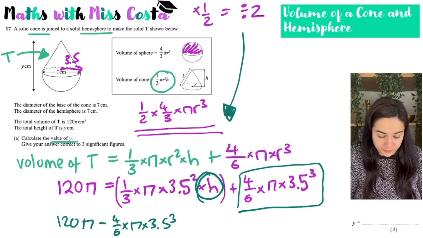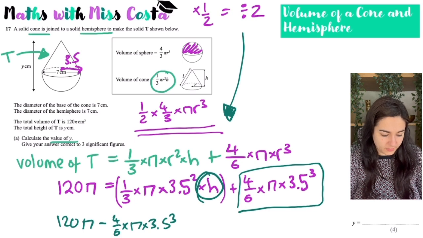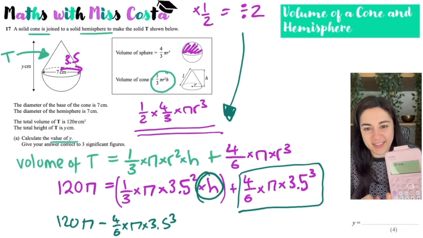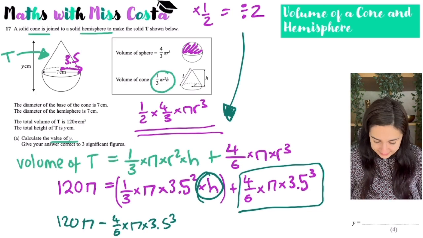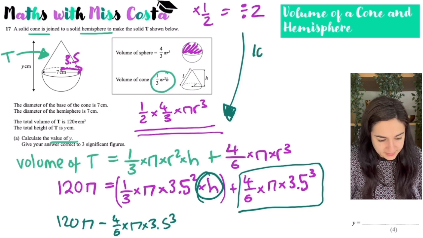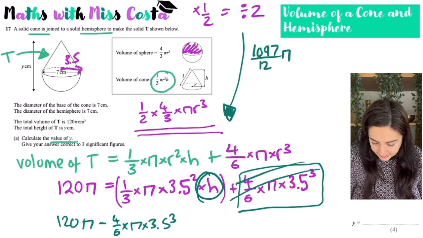So I'm going to do 120 pi take away answer. Okay, still getting used to this calculator. So 120 pi take away answer, and then it gives me 1097 over 12 pi. Okay, so what I've done is I've subtracted this from both sides of the equation.